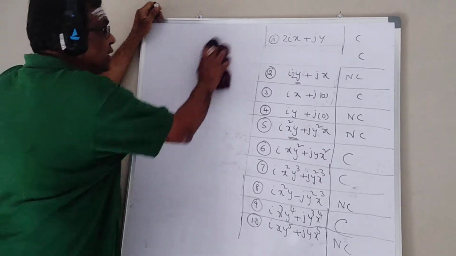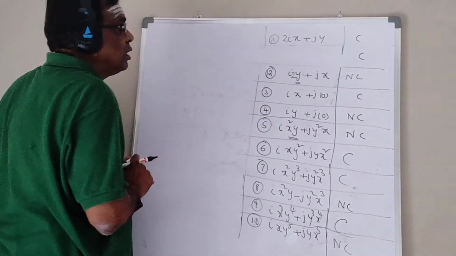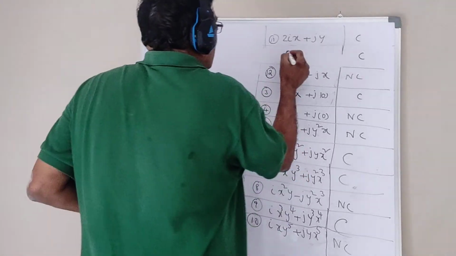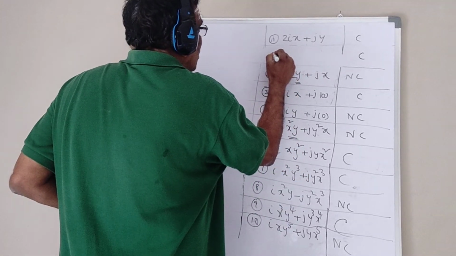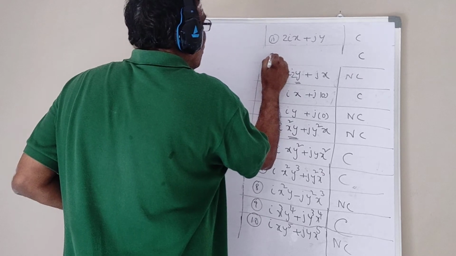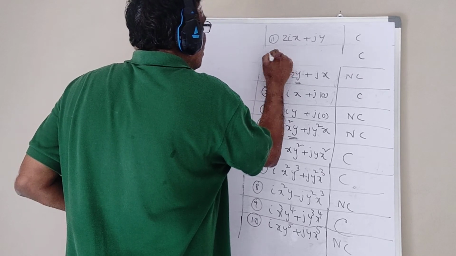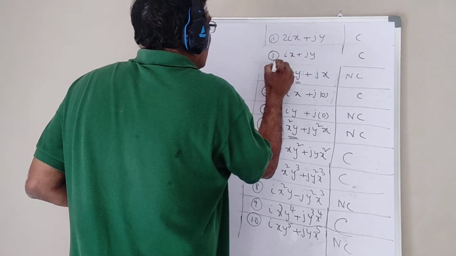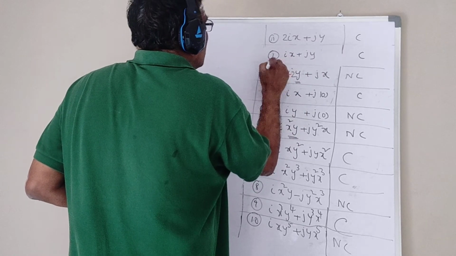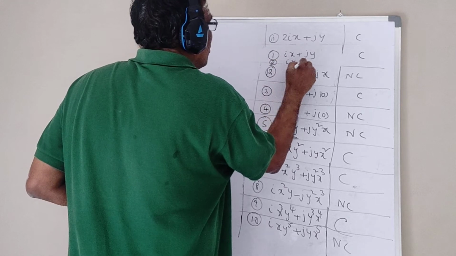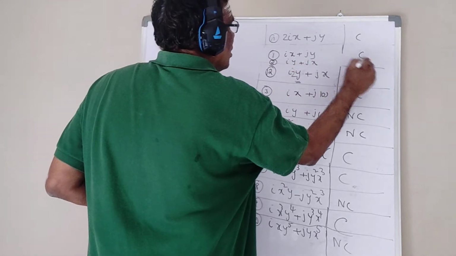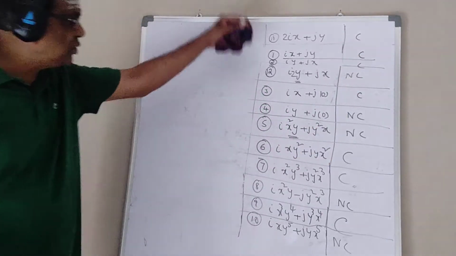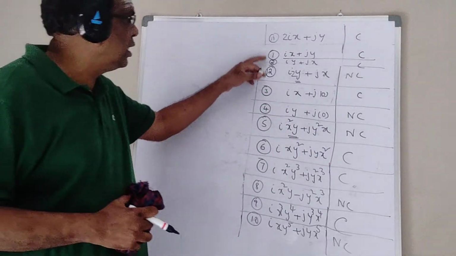I want to retain this because probably, what is this? i x plus j y, then 2 is i y plus j x. This is also conservative. All 12 are, of course, not in order, be careful.